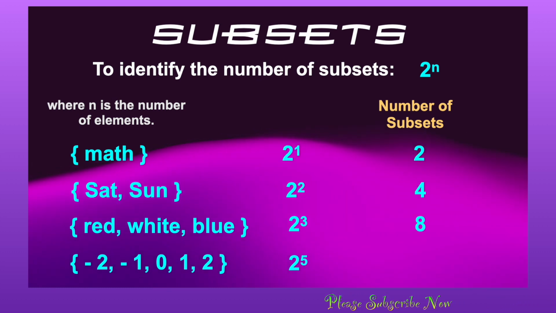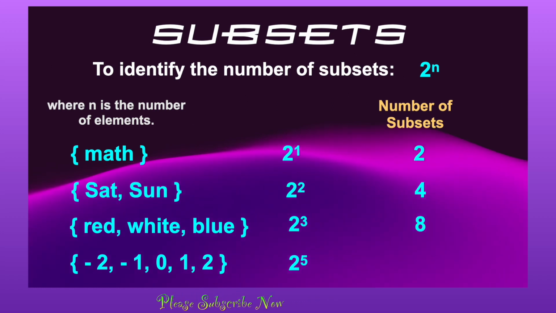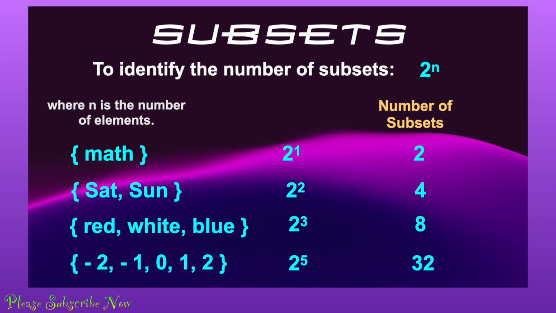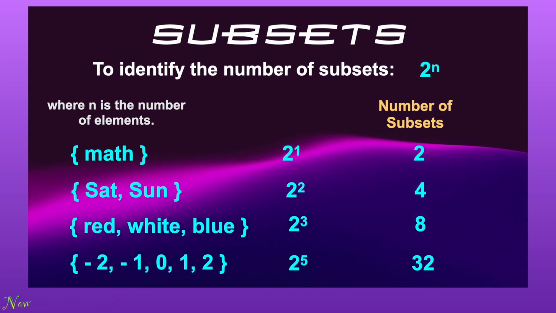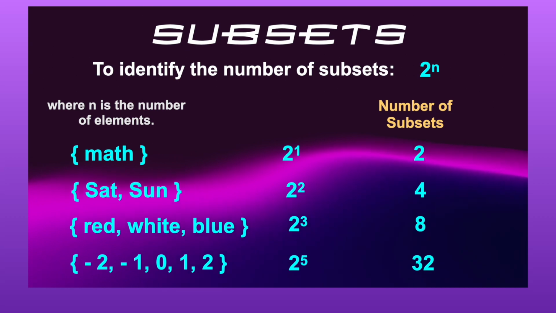And this is 2 times 2 times 2 times 2 times 2, and this is equal to 32. So that is how to identify the number of subsets in a given set.